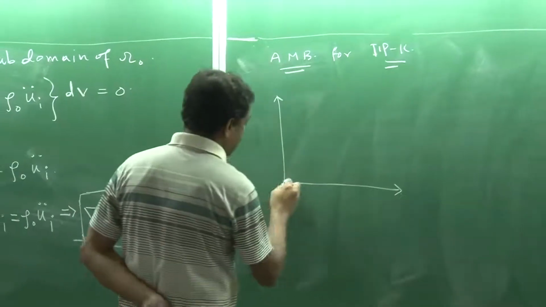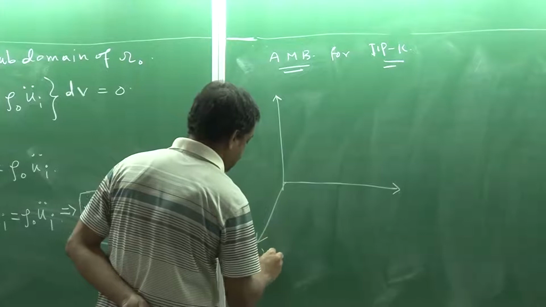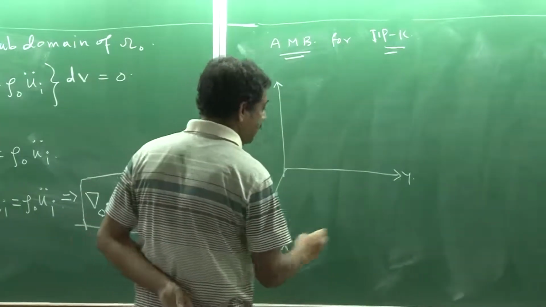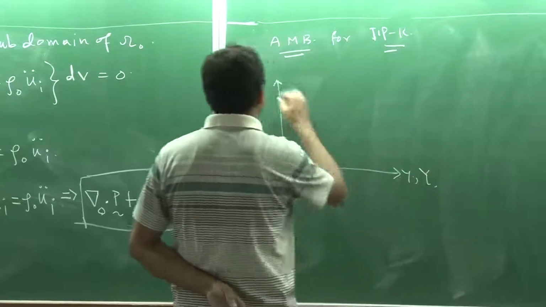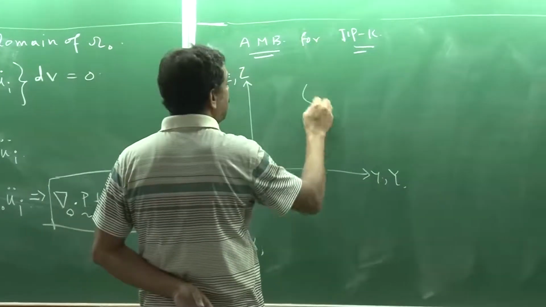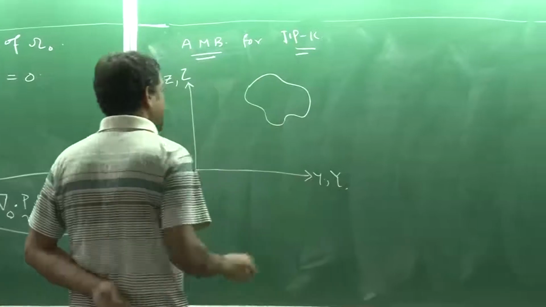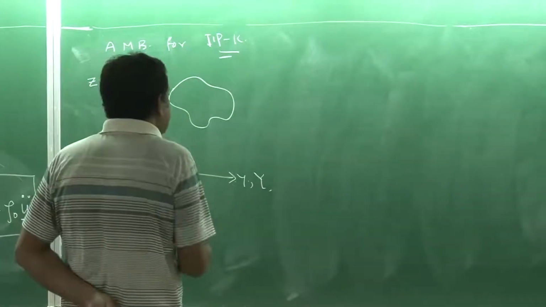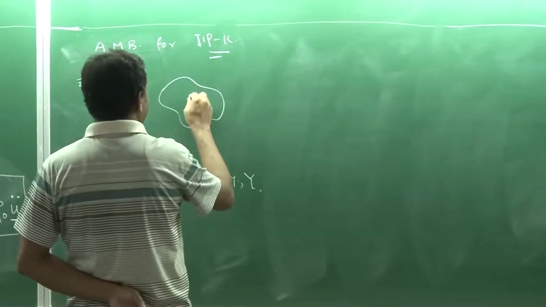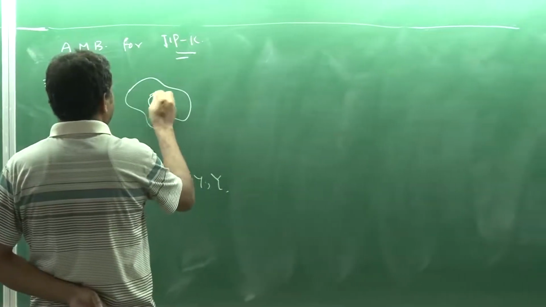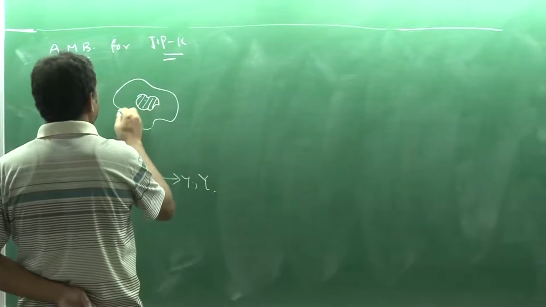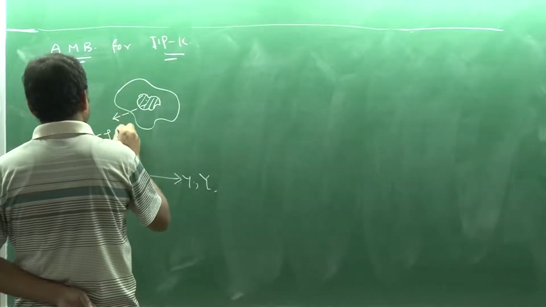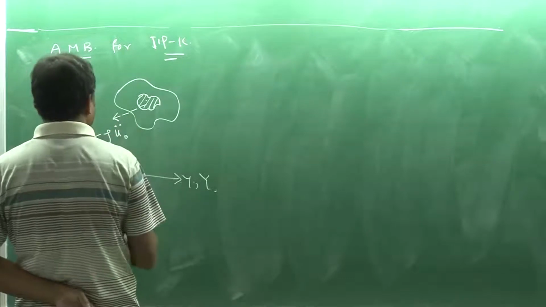Okay. So, here was the coordinate system x, y, z, or you can write capital X, capital Y, capital Z. Here is the body, and once again we are considering a subdomain of the body, maybe here. In the subdomain of the body, the force that is acting is minus rho u double dot.